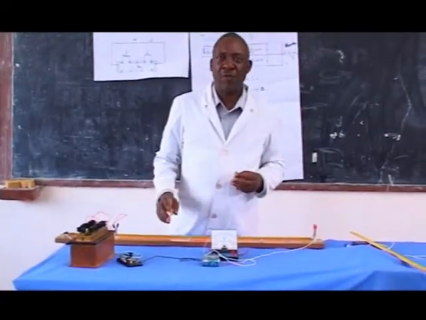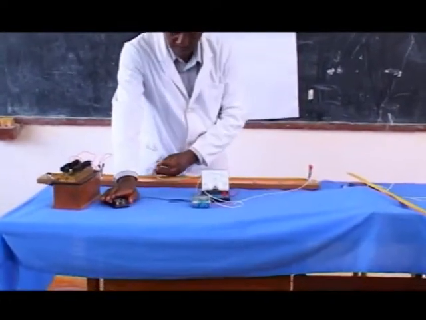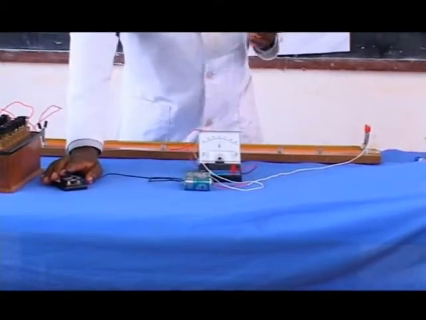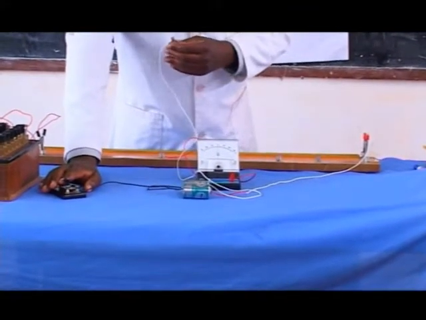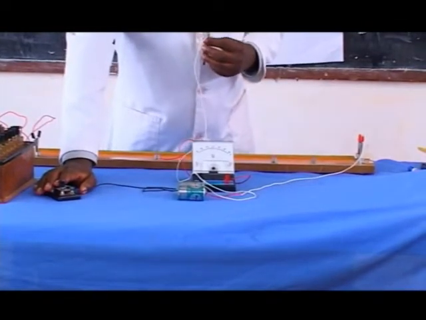Again, test for deflection. So it deflects both sides, showing that it is okay. Now find the balancing point.